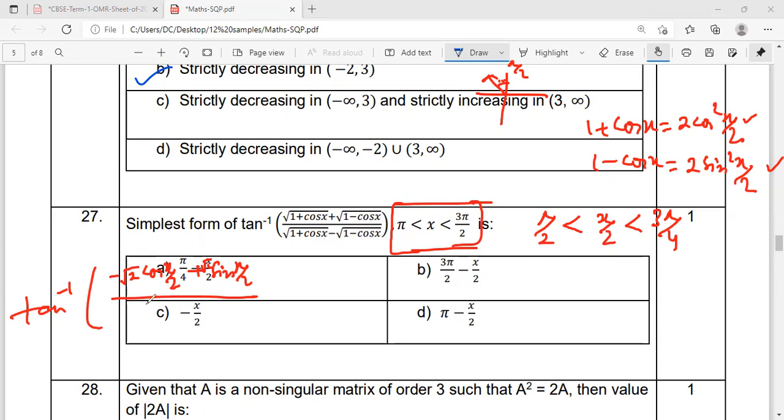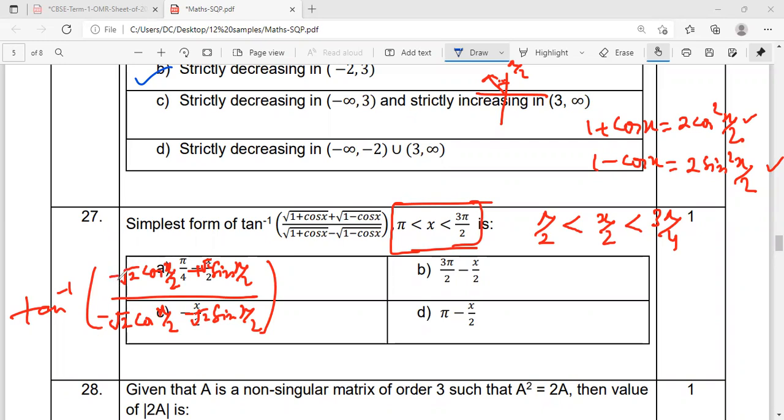And this one, under root 1 plus cos x means negative of under root 2 cos x by 2, and minus this value, which is sine of x by 2 and under root 2, of course. So now you can take under root 2 common, and also this is negative in the numerator.